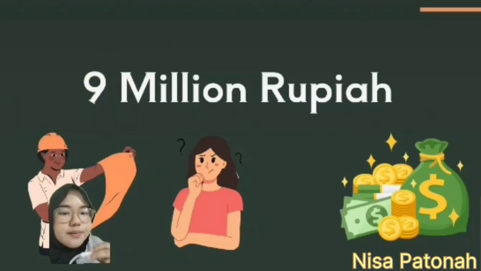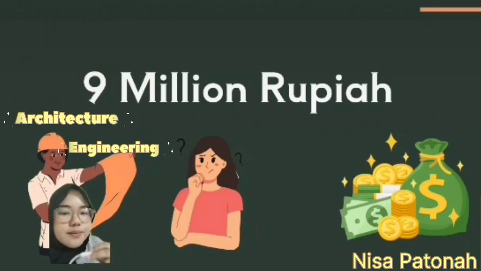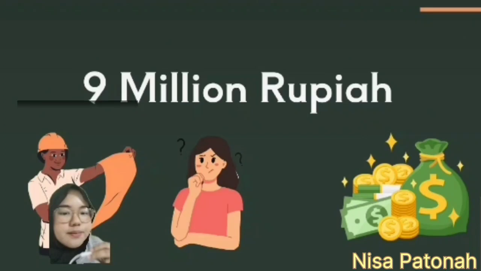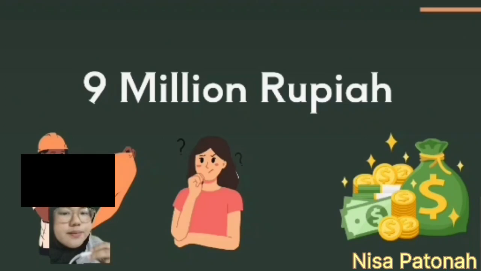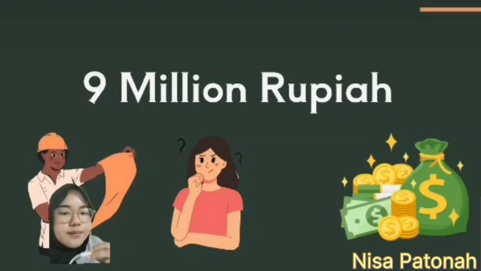Hello, my name is Nisa and I will give an explanation about the application of calculus in engineering fields and economic fields. First, in architecture and engineering fields, calculus is used in designing buildings and structures. It helps in determining the optimal design of bridges and tunnels and in predicting the behavior of materials under different conditions.